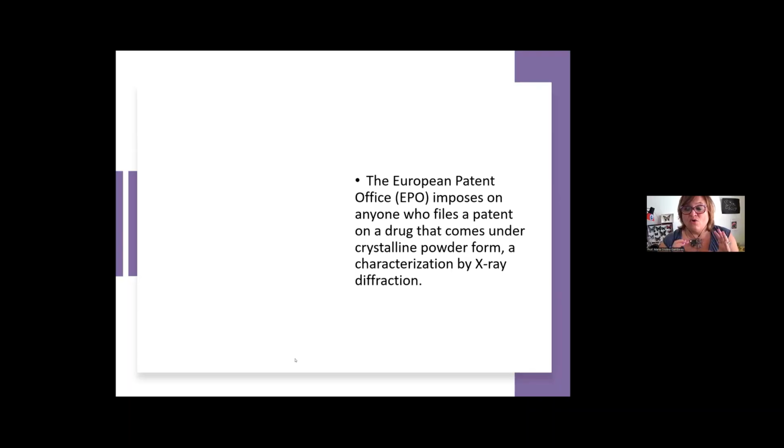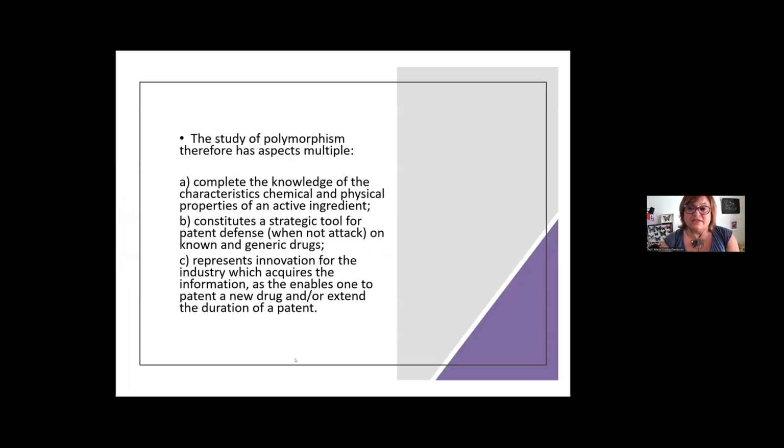What we have to focus on is that when a substance in solid form presents more than one polymorphic form, we crystallize and characterize, and so we have a complete knowledge of the chemical and physical properties of the active ingredient.